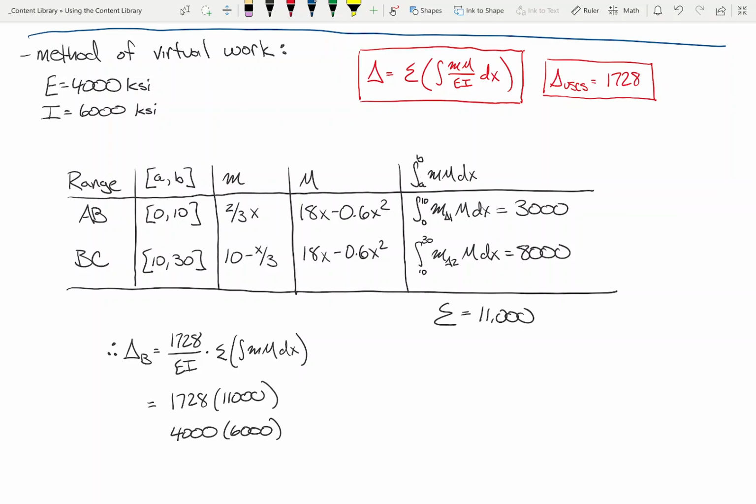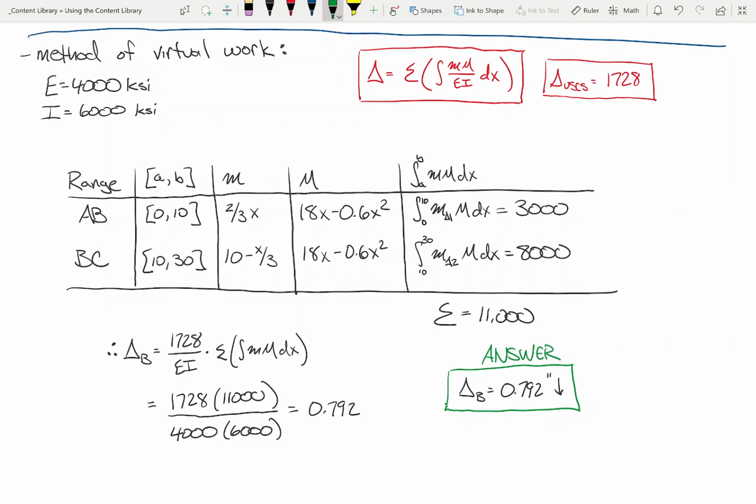And make that a little shorter. When you chug that out, you get 0.792, or that.